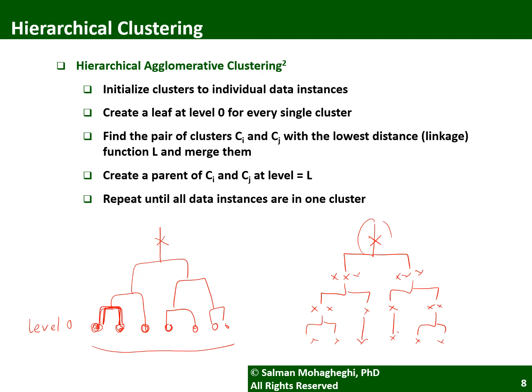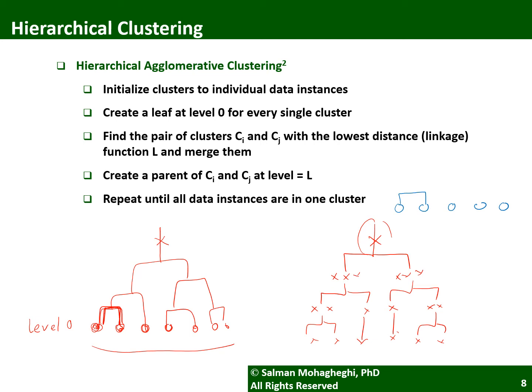Then you continue. Let me actually draw this here, start from scratch so it makes more sense. So let's say I have this, this, this, this, and this. These are my initial data points, and these are individual clusters. Then I will say, okay, these two guys are closest to one another. And then I will start again finding pairwise distances.